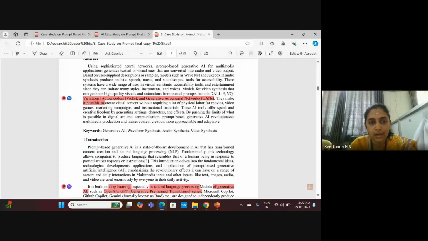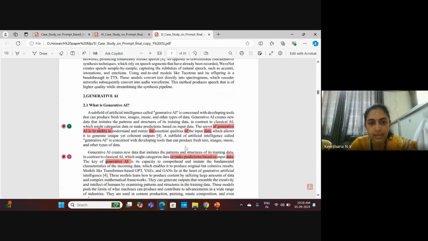See, these are the terms commonly used: GAE and VAE. How can I write them? You include these words in braces, that is curly braces or round braces. You represent these types in curly braces, and after that you add a citation. If you represent a citation, it will escape from plagiarism.